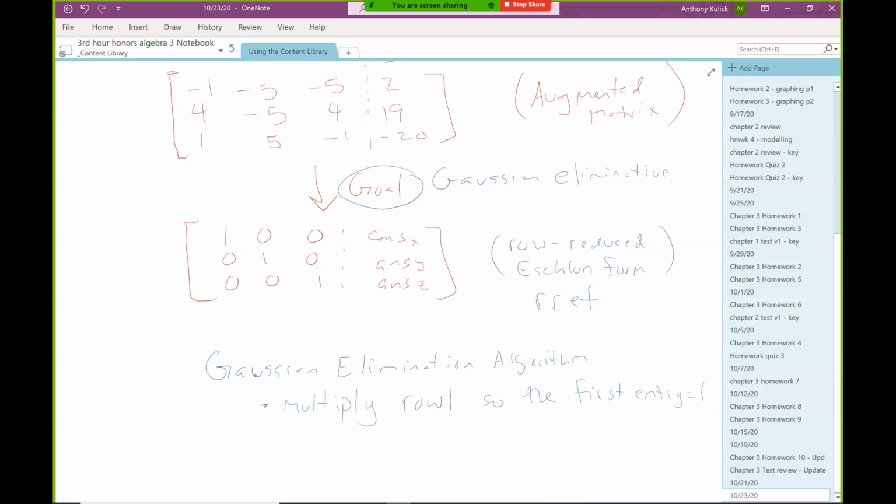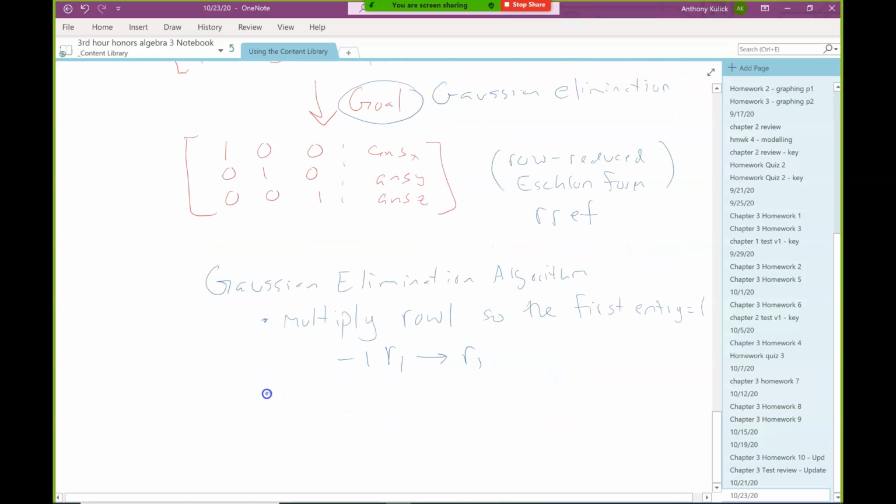So for example, in our matrix, we would do -1 times row 1. And we're going to store that answer into row 1. So we're going to replace our existing row 1 with -1 times row 1. Everybody okay with that notion?